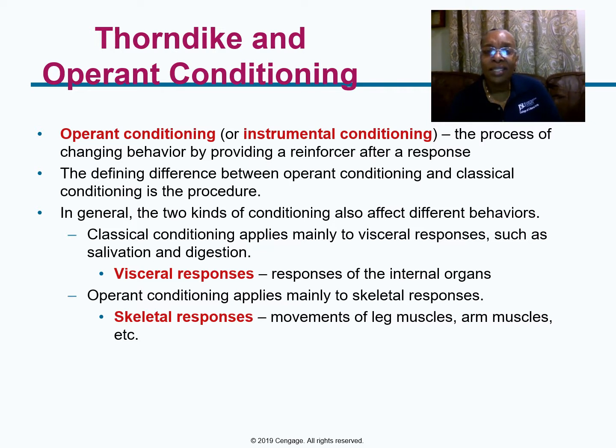The defining difference between operant conditioning and classical conditioning is in the procedure. In operant conditioning, the subject's behavior produces an outcome that affects future behavior. In classical conditioning, the subject's behavior has no effect on the presentation of either the conditioned stimulus or the unconditioned stimulus.